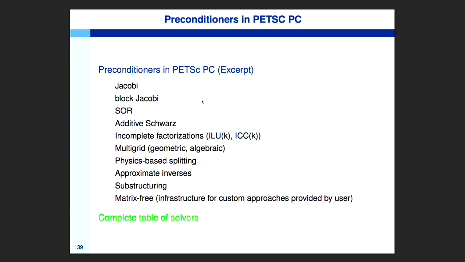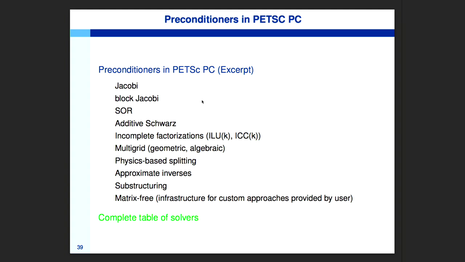Again, we don't have time to go through the algorithmic theory of all of these, but I encourage you to listen carefully when Rob Falgout and Sherry Li and other people speak later this afternoon. They'll talk in much more depth about what the algorithms are and how important it is to make good choices for algorithms and implementations.